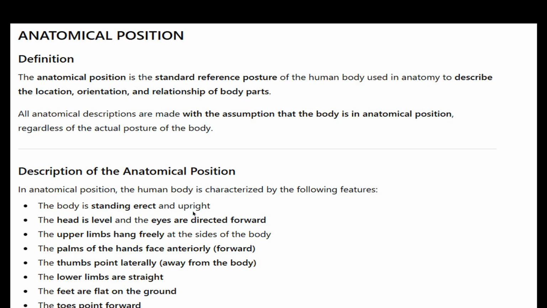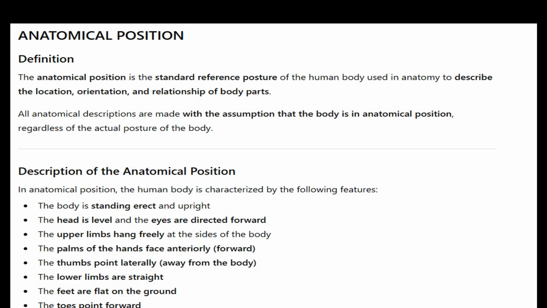The head is level and the eyes are directed forward. This is also a very important point. The upper limbs hang freely at the sides of the body. The palms of the hands face anteriorly, forward. Next, the thumbs point laterally, away from the body.